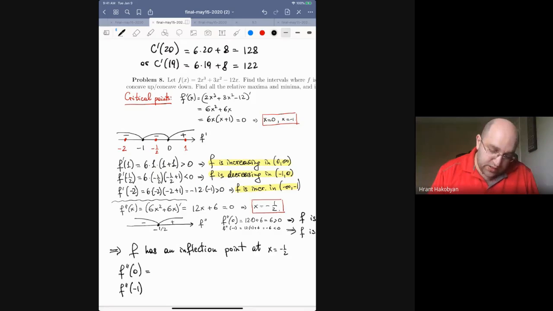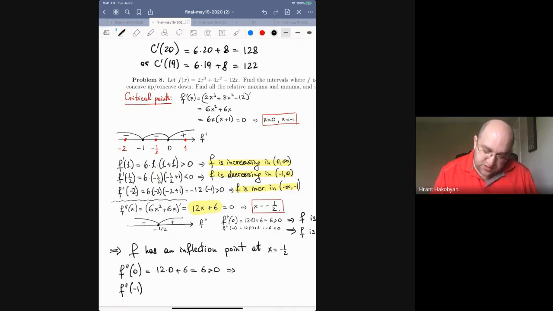If I calculate the second derivative at 0, where is the second derivative? Here is the second derivative. I'm going to plug in 0 there, so 12 times 0 plus 6, we've done it here already, that's equal to 6. Okay, so we did both.